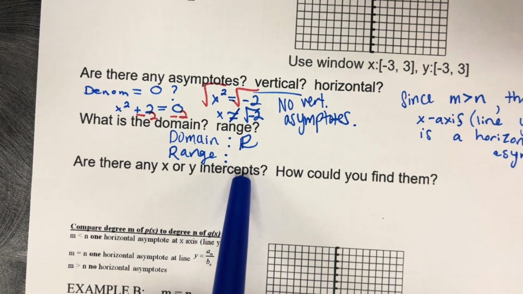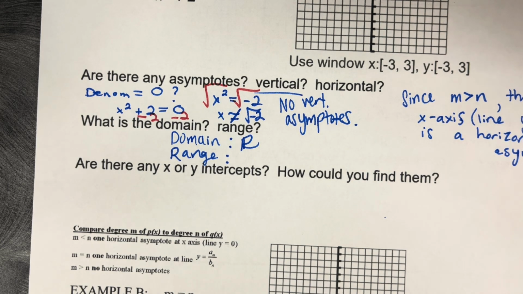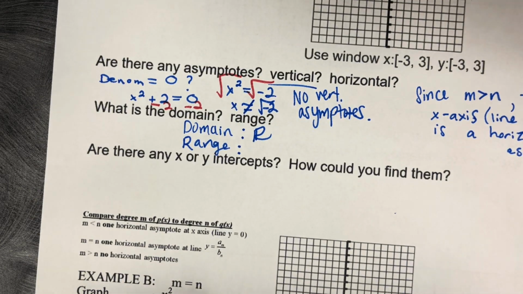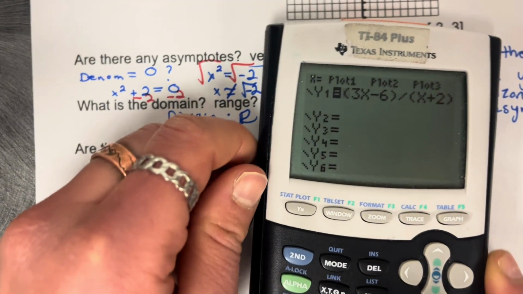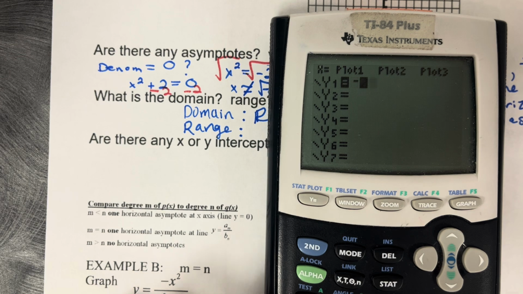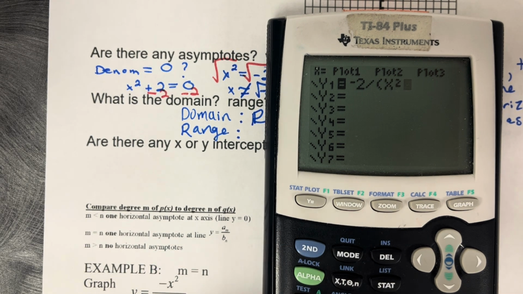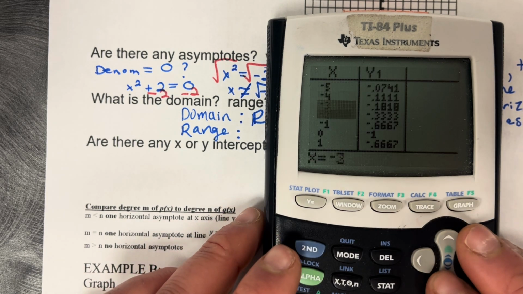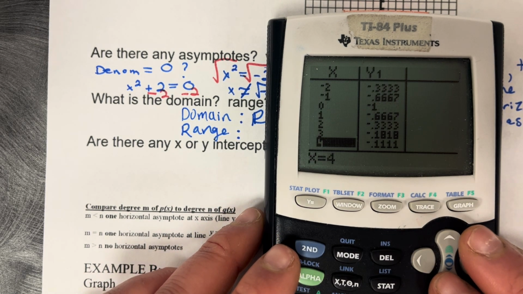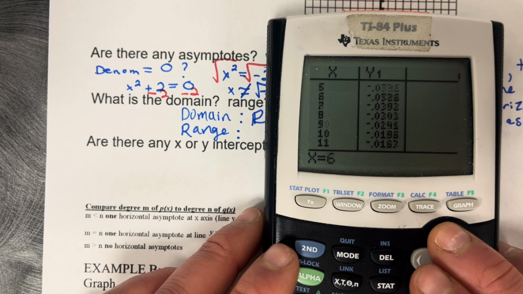Let's actually look at our graph first for this one. So we're going to go to y equals, enter -2 divided by x squared plus 2. Second table. Just noticing the values that we have here.